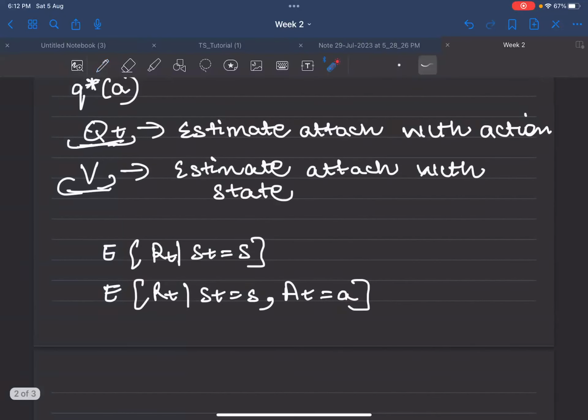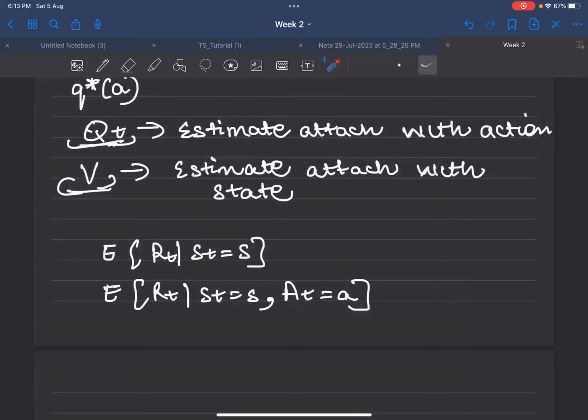I'm just doing this question and answer so that you can have more understanding. When we discuss, we are more into thinking, so we shouldn't cram things. We should go more to understanding and thinking. With this, you can tell me what is Q, what is V, and what do these equations mean? What does this conditional thing mean?